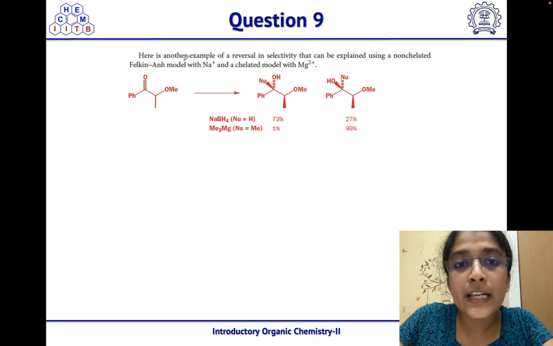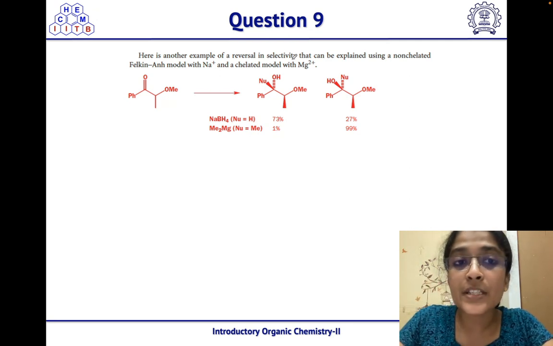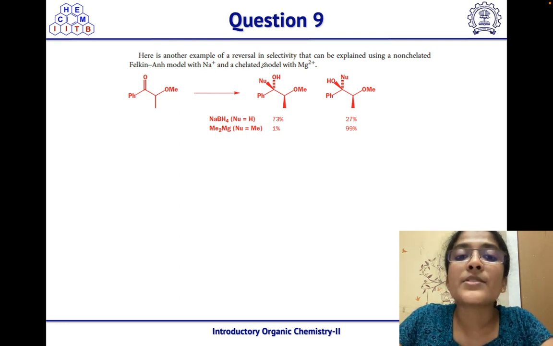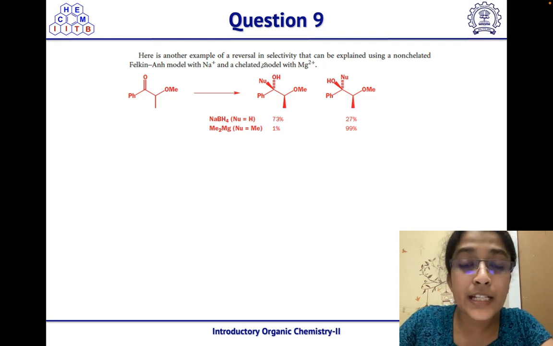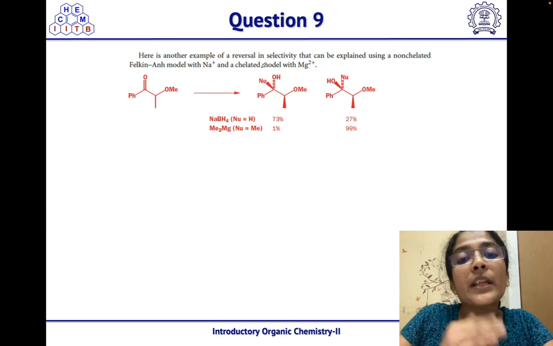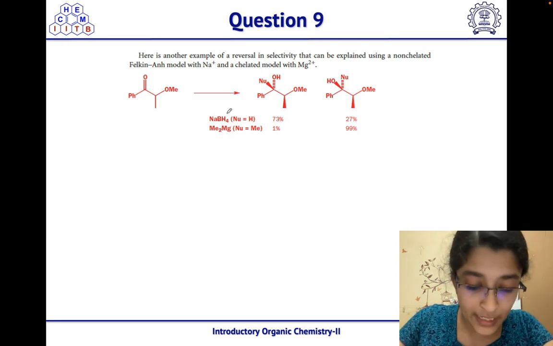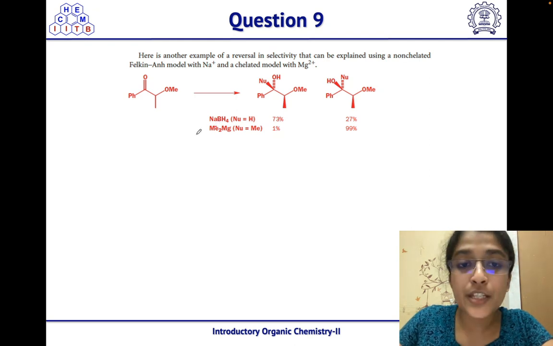We have seen that there will be a reversal of selectivity. We have seen the selectivity for non-chelated Felkin models with ions like Na+ and so on. If there is a chelation possibility, that selectivity will be reversed. So here, in the case of NaBH4, the ion formed will be Na+.